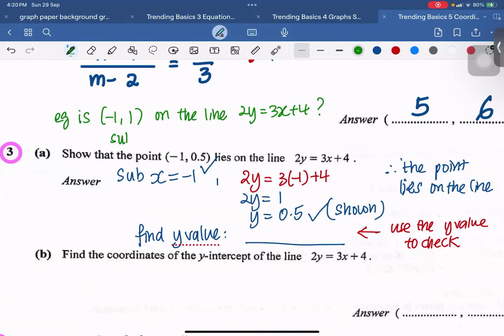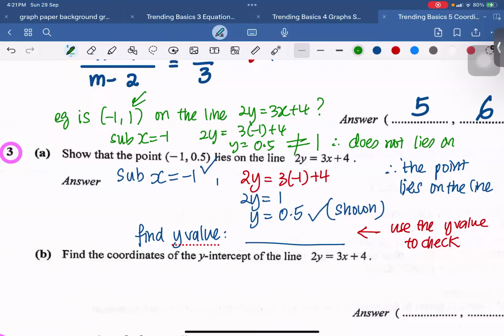Sub in x = -1: 2y = 3 times -1 plus 4, y = 0.5. But this number here is 1, not equal to 1, therefore it does not lie on the line.